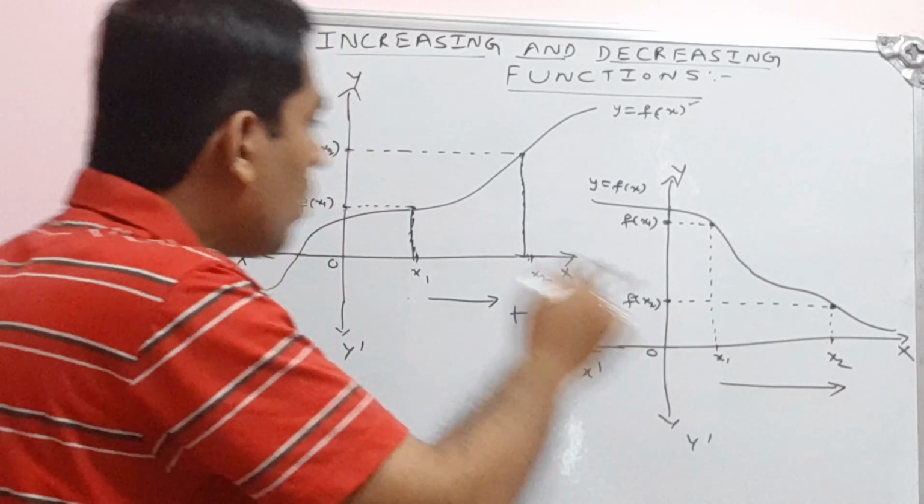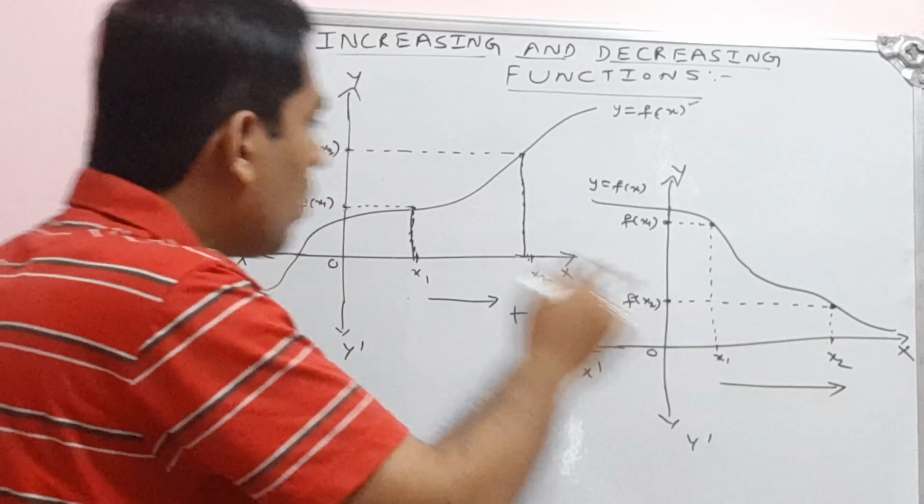Here observe carefully. Once again I am repeating this. In both the cases we can compare both the graphs. Here the height of the graph increases. In both the cases I am moving to the right side of 0. I am observing that in the first case, as y increases, x also increases.